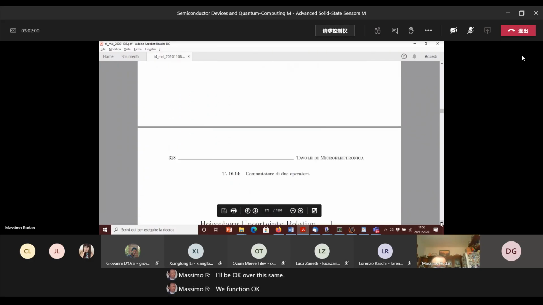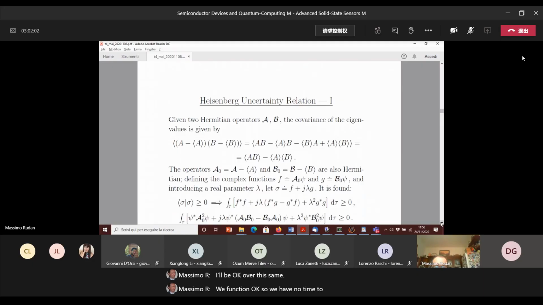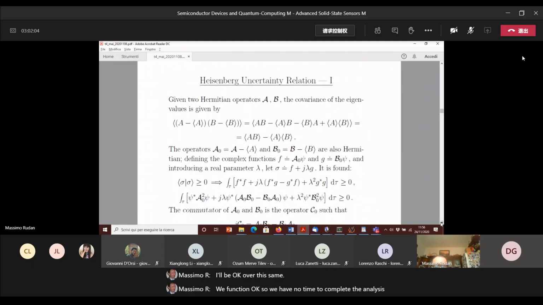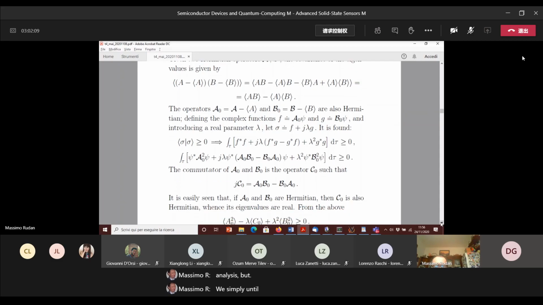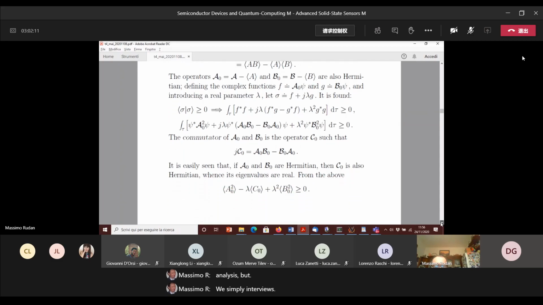Okay, so we have no time to complete the analysis, but we simply introduce some definitions. Okay, so we start with an operator A. Then we simply define A0 as A minus the expectation value. Okay, so just to get rid of some constant.